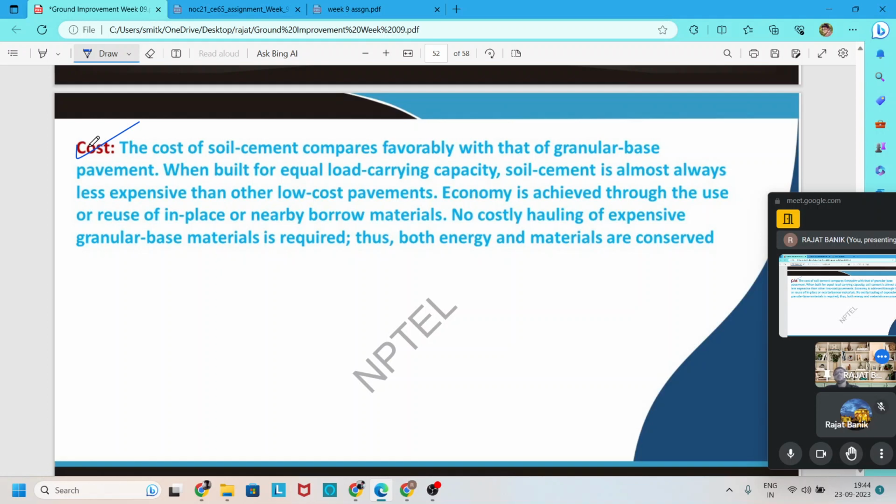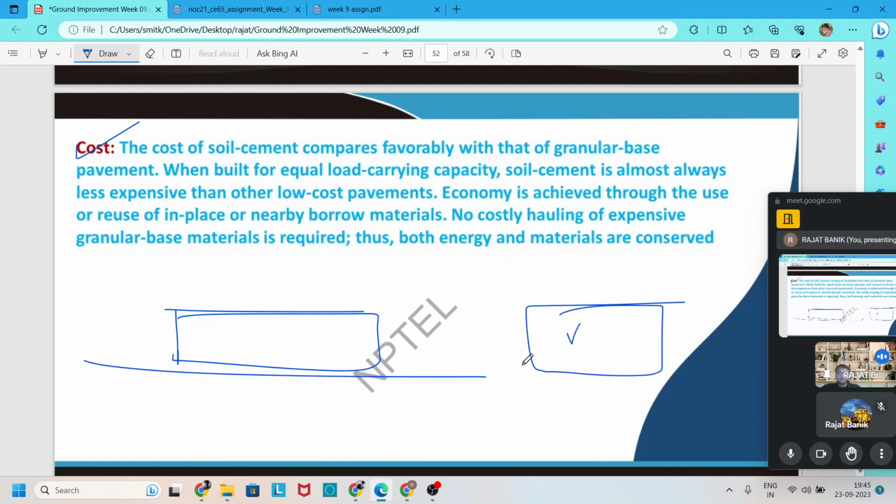That means when we build one pavement with soil cement and another with granular base, we see that for the same load carrying capacity, soil cement is cheaper, requires less cost, and is also economic.